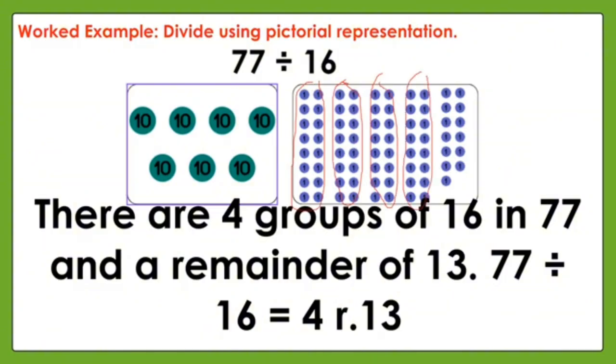And with a remainder of 13. Let's count 1, 2, 3, 4, 5, 6, 7, 8, 9, 10, 11, 12, 13. Therefore, 77 divided by 16 is equal to 4 with a remainder of 13.